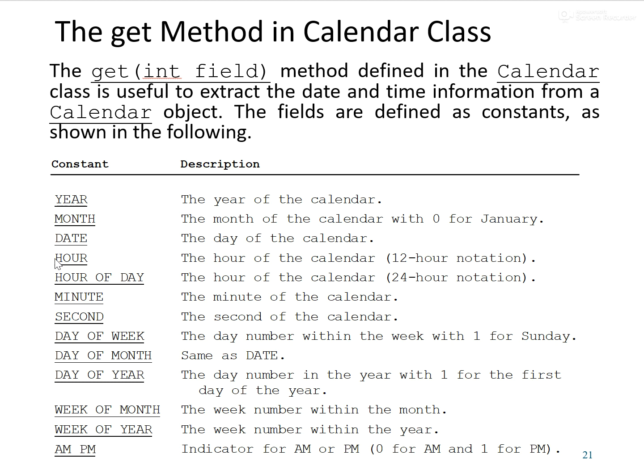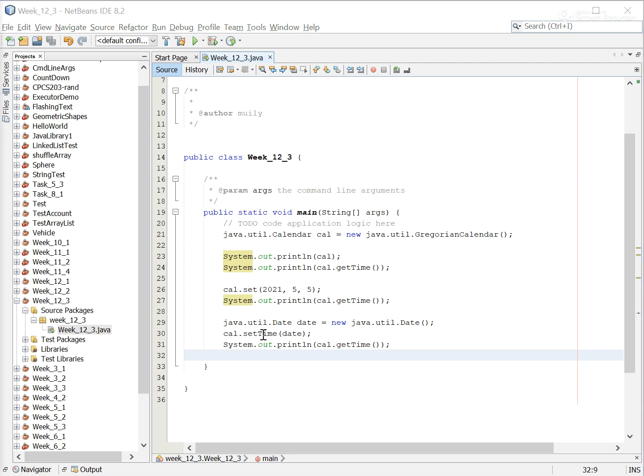So if you're using the 12-hour notation, you'll need to know whether the time is AM or PM. So AM, PM, you have to use that together with hour in order to know what time exactly you're talking about.